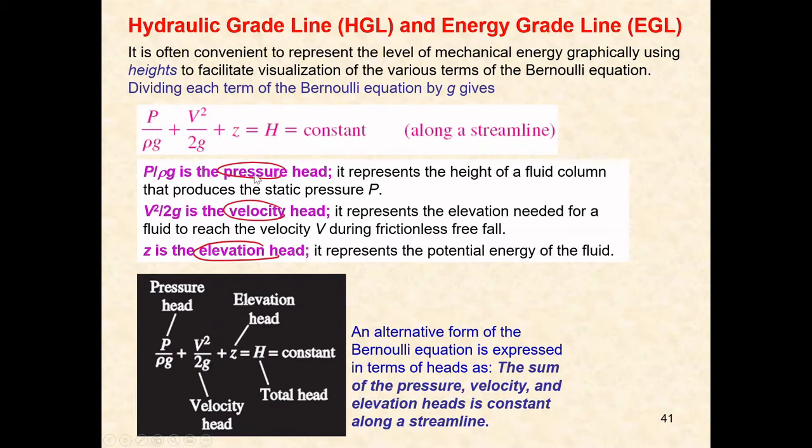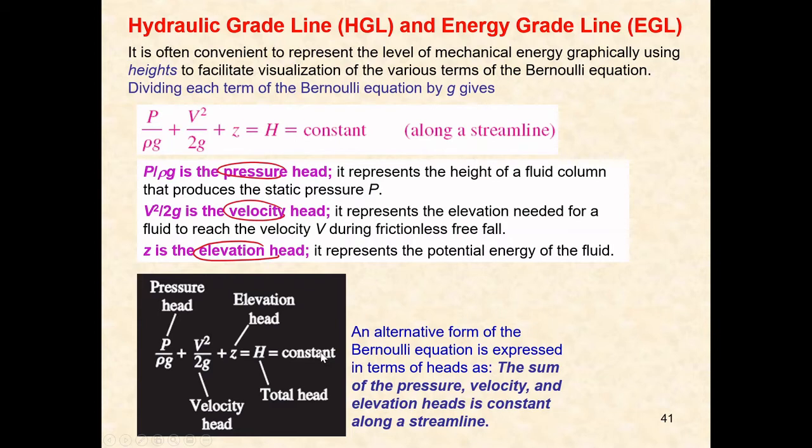We have a pressure head, a velocity head, and an elevation head. When you combine all these heads, you get what we call the total head. This figure shows the pressure head, velocity head, and elevation head, which combine to give a total head which is constant.